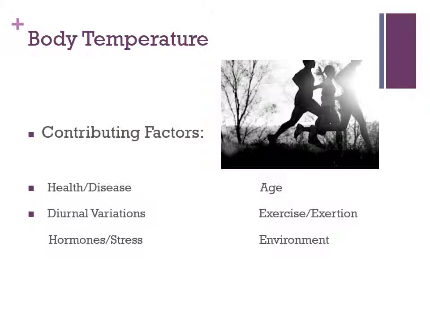Another thing that your book mentions is age, and especially in little children and newborns. The neurological system is the least developed body system of all the body systems when we are born, and so the neurological system plays a role in regulating our body temperature, and that's why little babies have such a hard time staying warm.